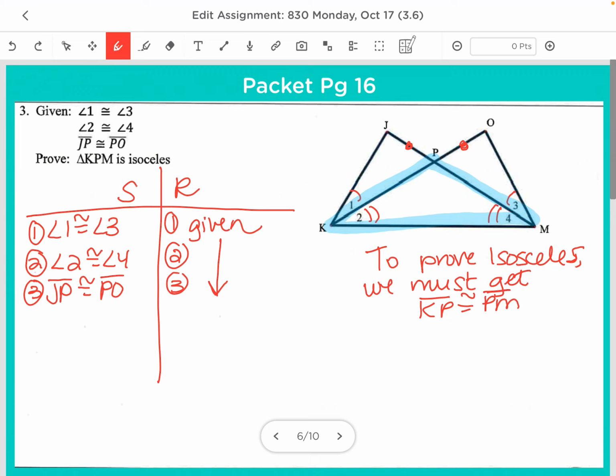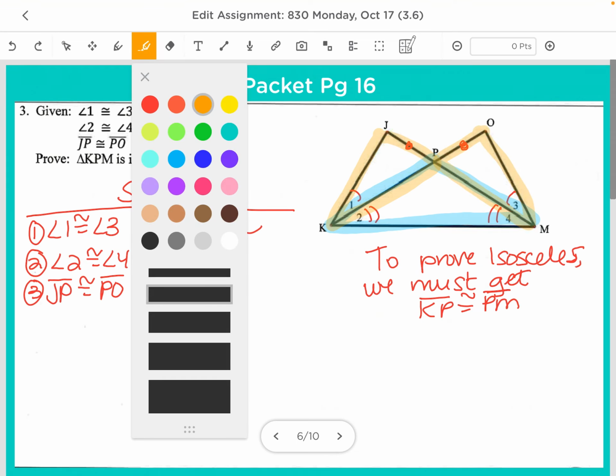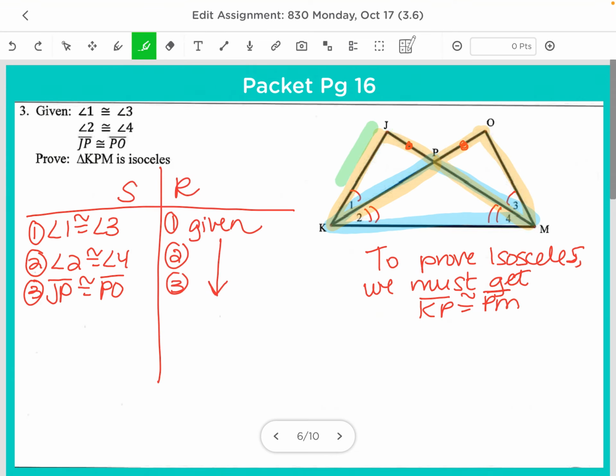Okay, so if I look at this, I've got a lot of different triangles here. I'm going to highlight them. I'm going to start by highlighting two orange ones, so I could try to get these two orange ones congruent. Or hopefully you see the larger green.